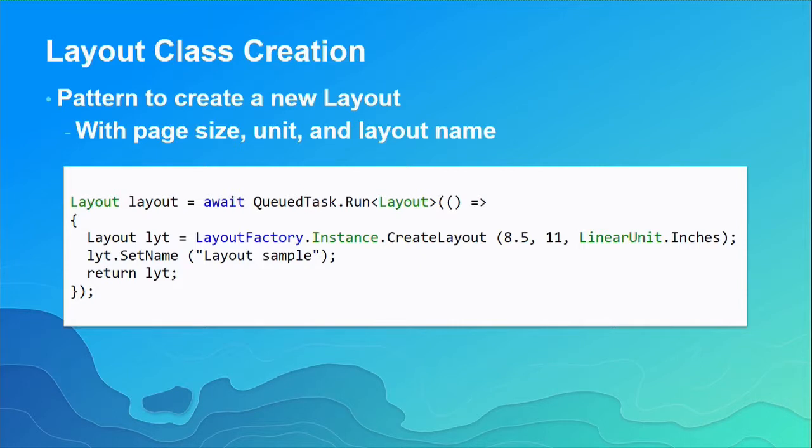And you will see later it takes quite a while to create a layout. So within this background task, I specify the LayoutFactory.Instance.CreateLayout method, and I provide 3 parameters, which are the width, the height, and then the unit that I use, in this case inches. Finally, I use the SetName function to give the layout a name. And then I return the resulting layout to the caller.